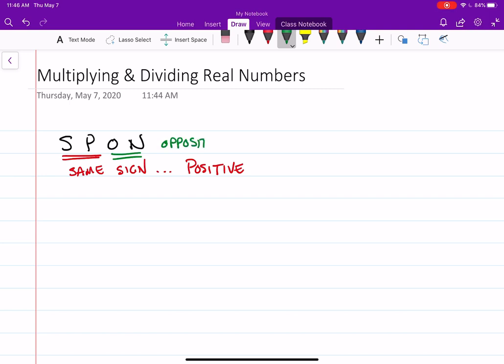Opposite sign, negative. This works for multiplication and division.